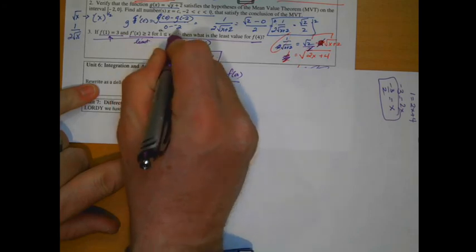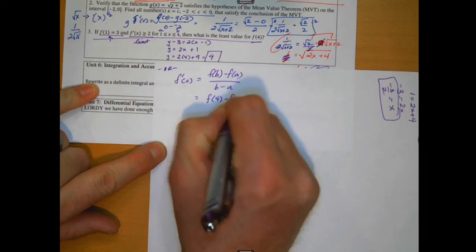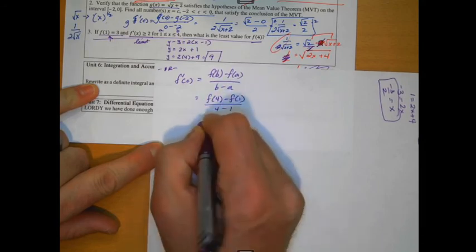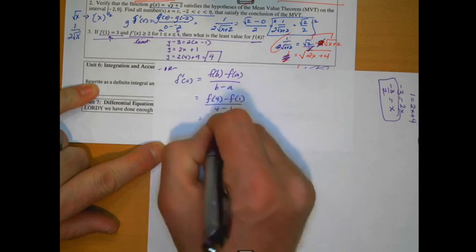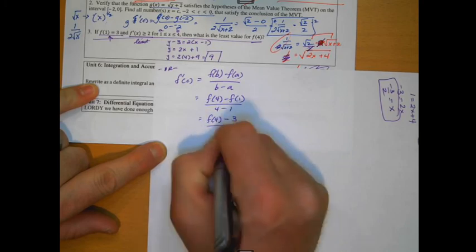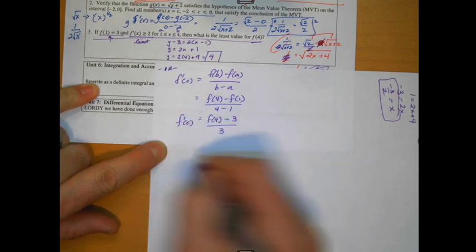So from a to b here, I need to know f of 4 minus f of 1 over 4 minus 1. I need f of 4 minus f of 1, which is f of 4 minus 3, over 3. And that has to equal f prime of c.